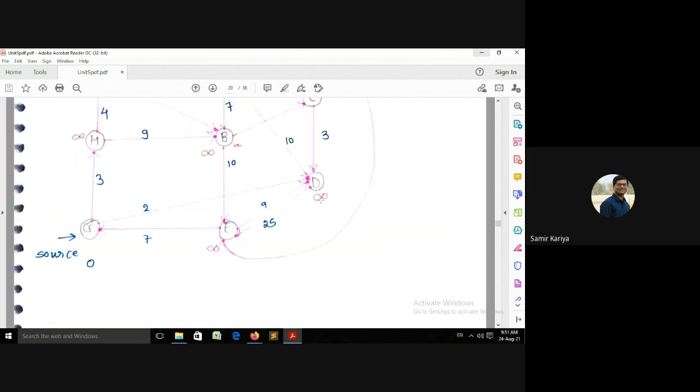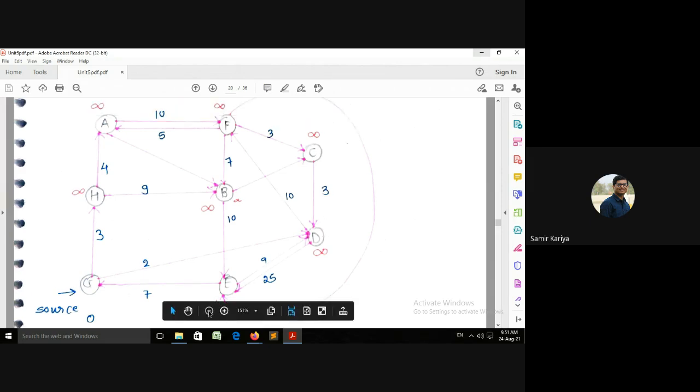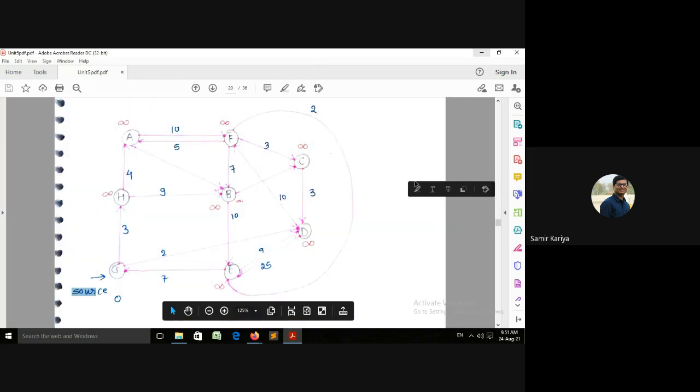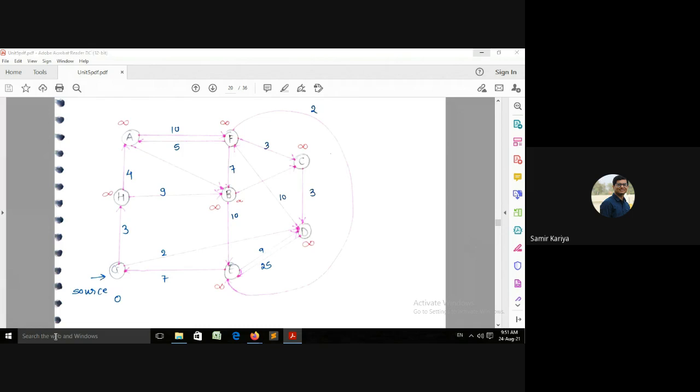Okay, let me write here. I'll take a snapshot and paste it in Paint, so we can keep the graph on the screen. What happened?